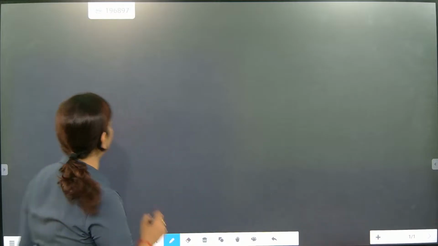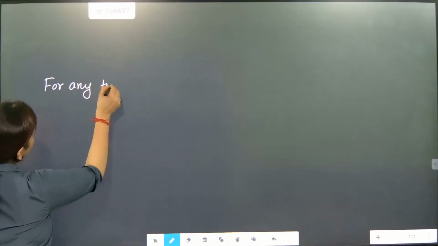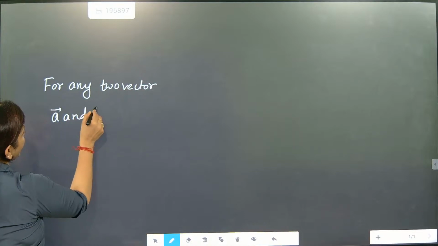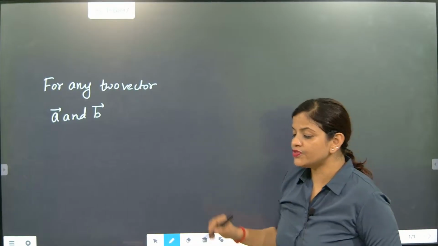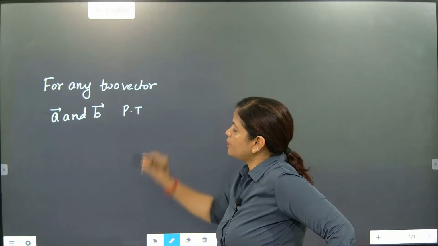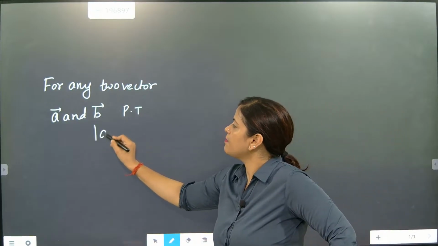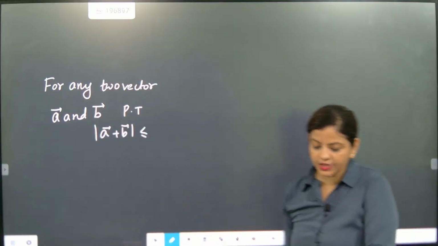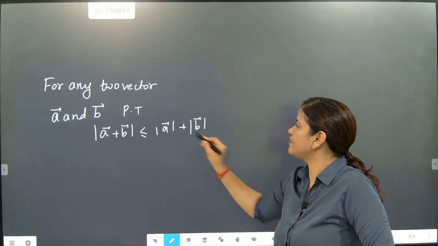The question is, for any two vectors, A vector and B vector, you need to prove that magnitude of A vector plus B vector is less than or equal to magnitude of A vector plus magnitude of B vector.